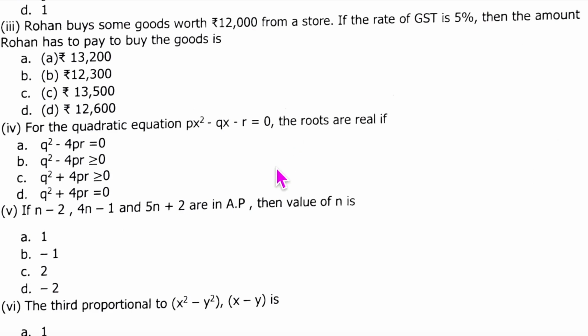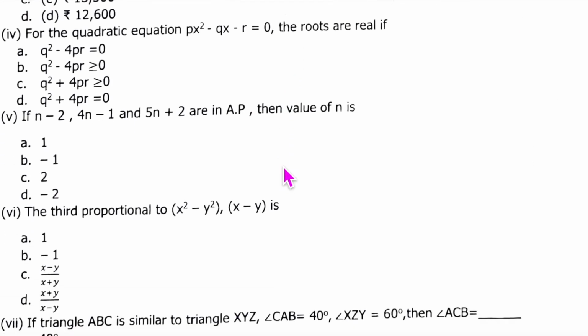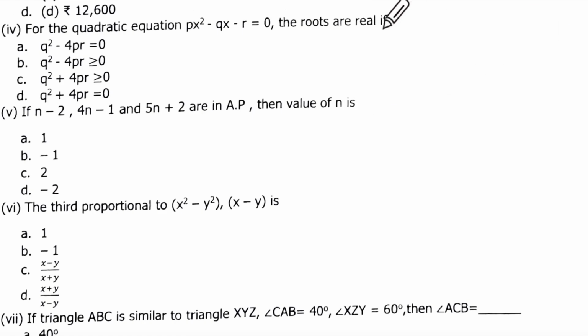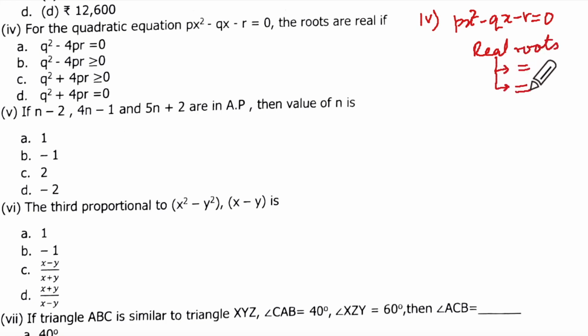Some of you had a problem with the fourth one. For this, you'll have to show the working. You have px squared minus qx minus r equal to 0 and they say it has real roots. Real roots means it will be real and equal and it will be real and unequal also.